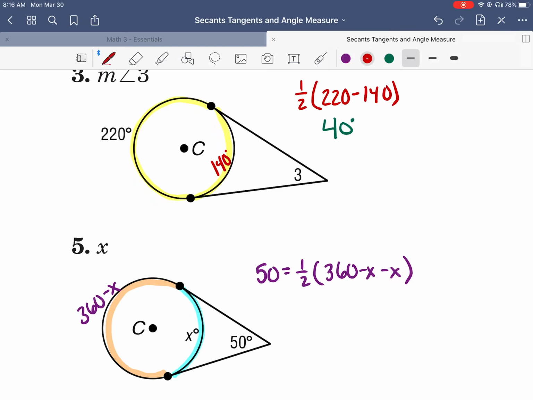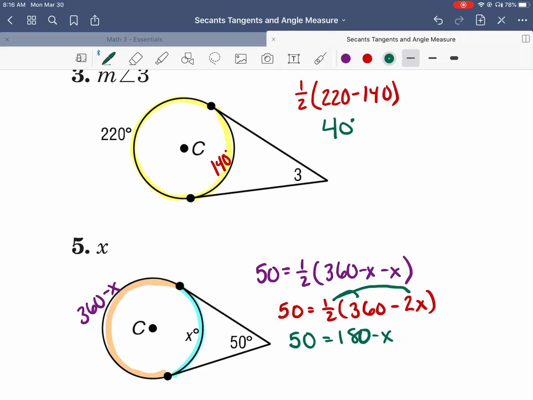Okay, I am going to simplify inside my parentheses before I try to distribute. 360 minus x minus x is 360 minus 2x. Now I'm going to distribute my 1 half inside. 50 equals 180 minus x. Subtract 180.